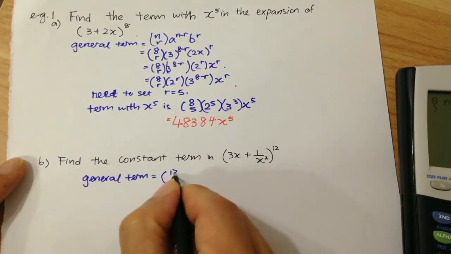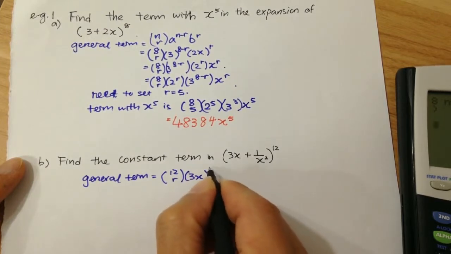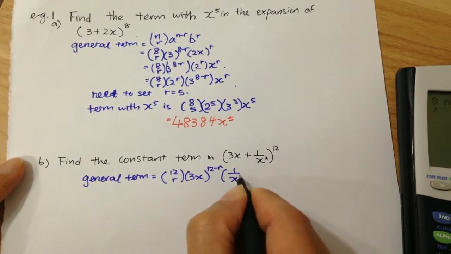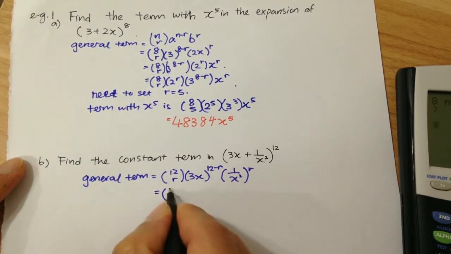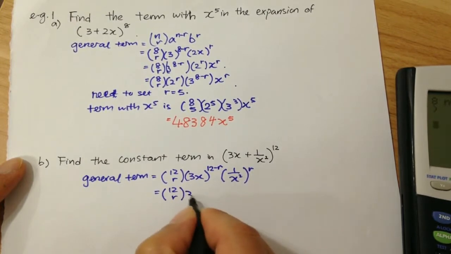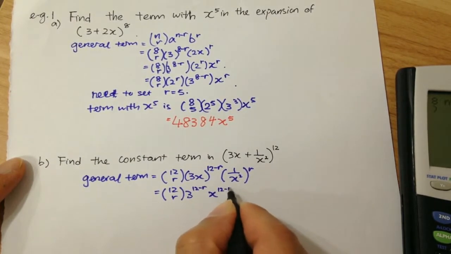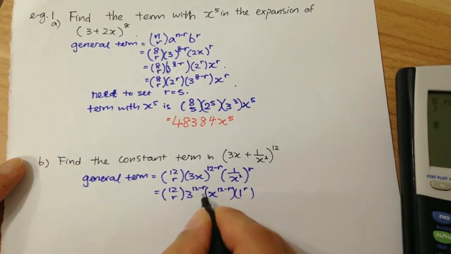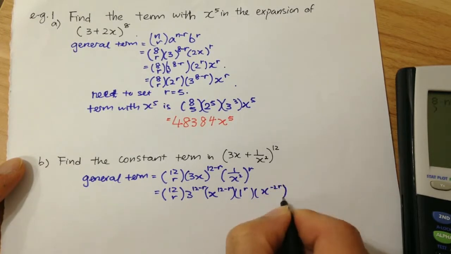So it's 12Cr, (3x) to the power of 12 minus r, (1 over x squared) to the power of r. Now I have 3 to the power of 12 minus r, x to the power of 12 minus r, 1 to the power of r, and x to the power of negative 2r.